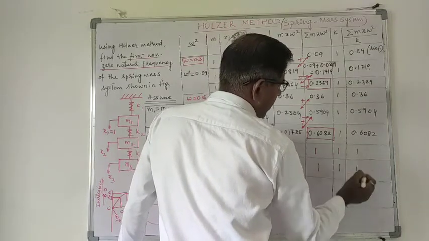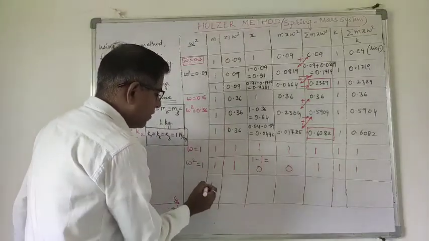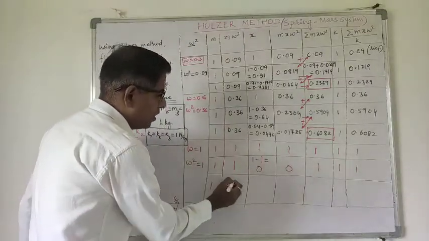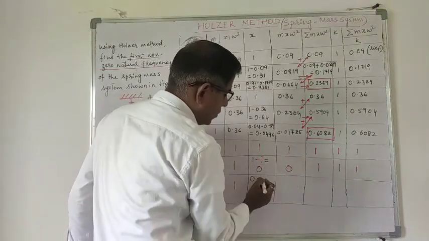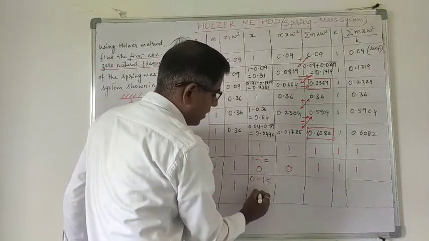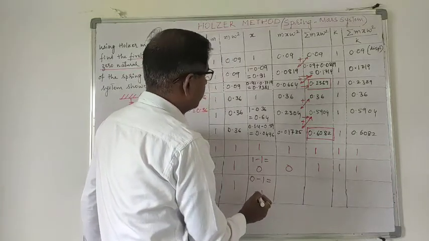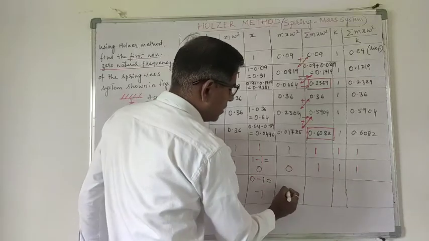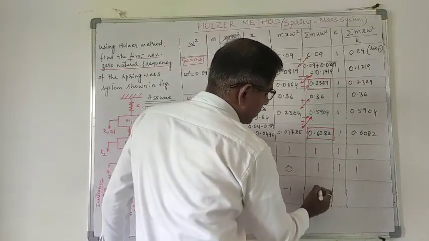And 1 is 1. Now the third mass is also 1, so 1 into 1 is 1. Now this value 0 minus this value 1, so the answer is minus 1. And minus 1 into 1 is minus 1, and minus 1 plus 1 is 0.